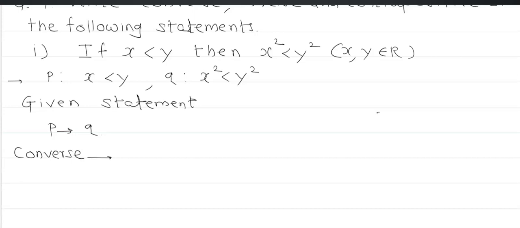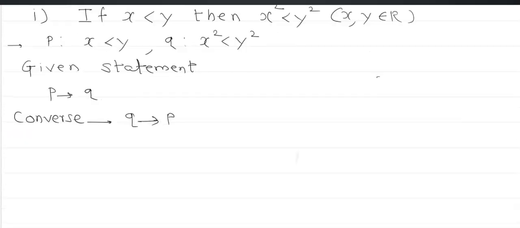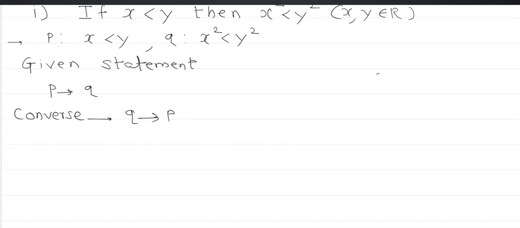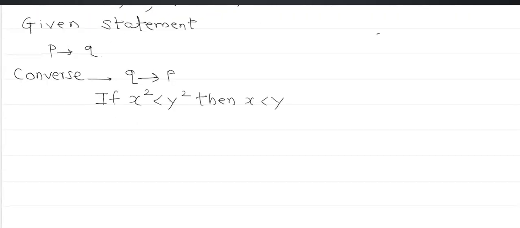Q implies P. This is the converse, and if we write it, it is: if x square is less than y square, then x is less than y.